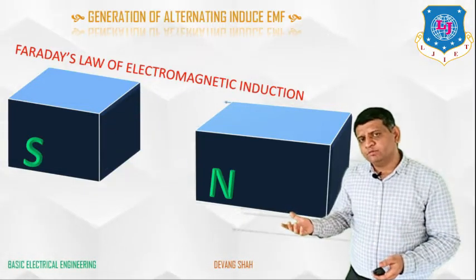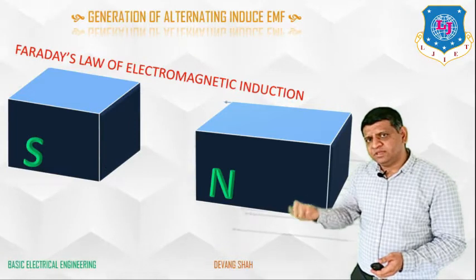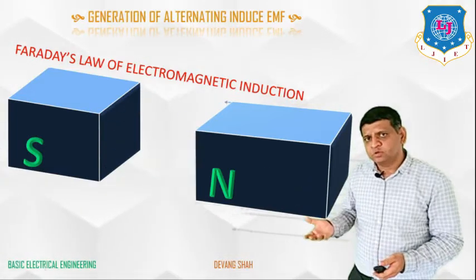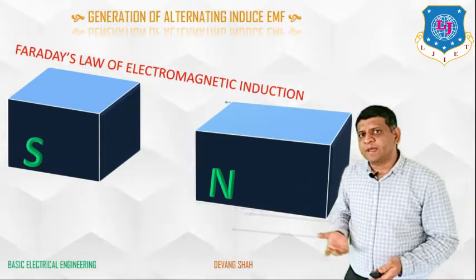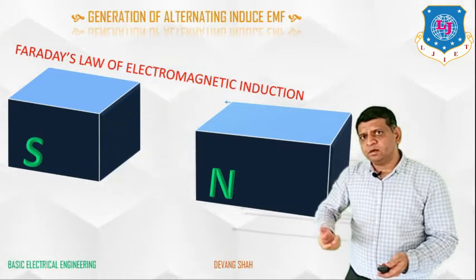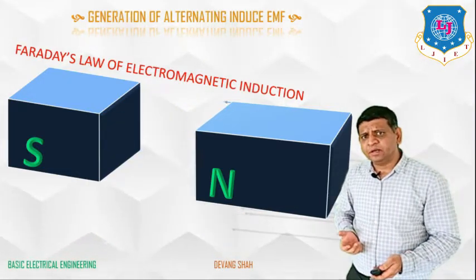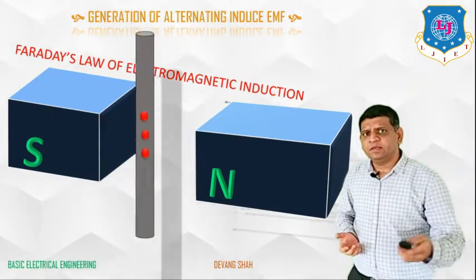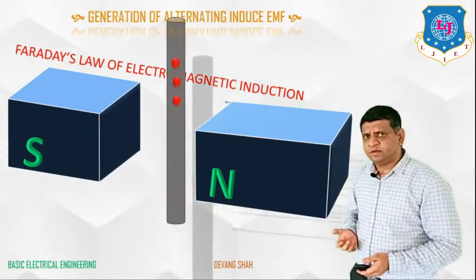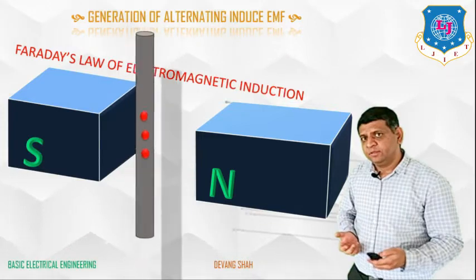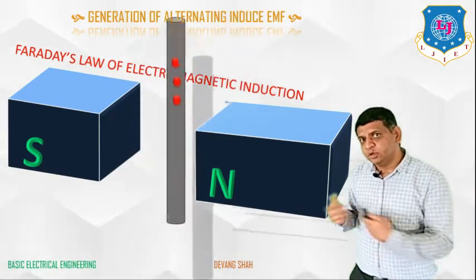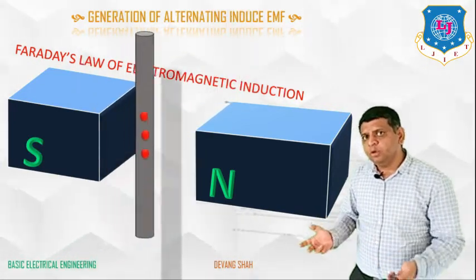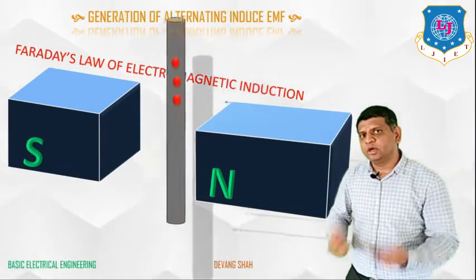One is an N pole and another is an S pole, so in between there is a production of magnetic flux, right? Now you take a simple conductor rod and pass this metal conductor through in between. The magnetic flux induced by these two magnets is now going to be cut, right?